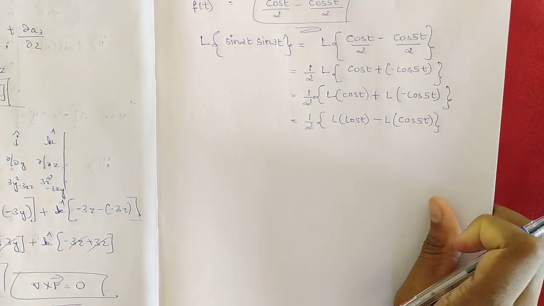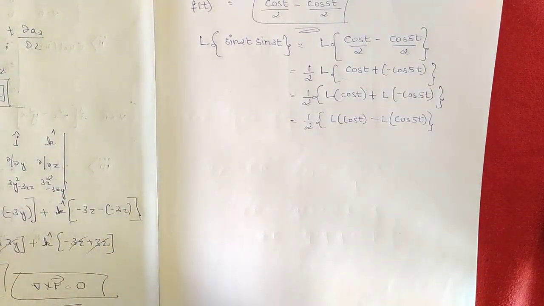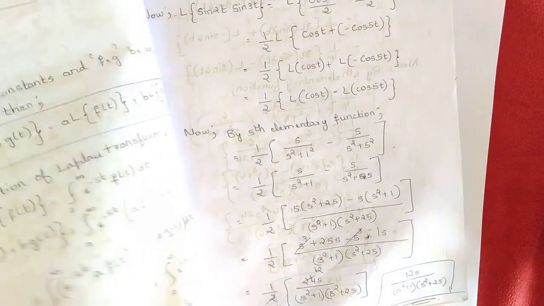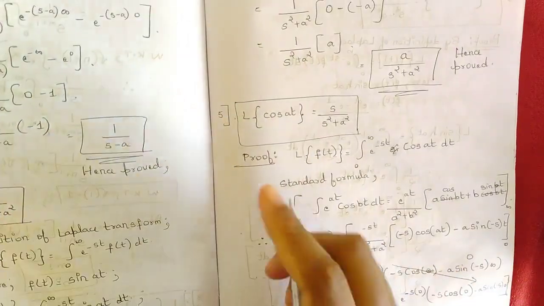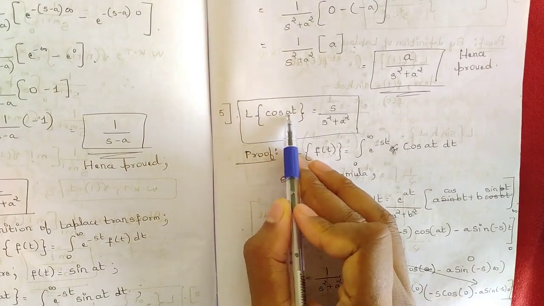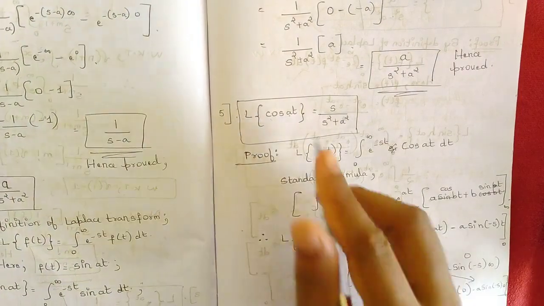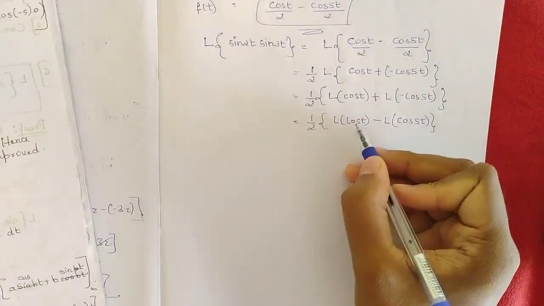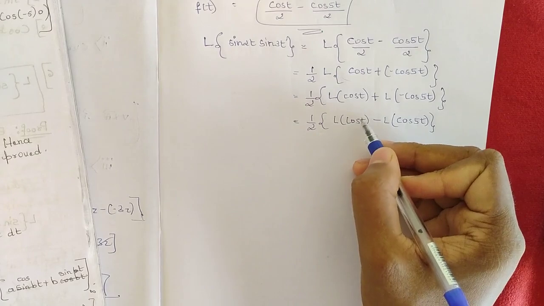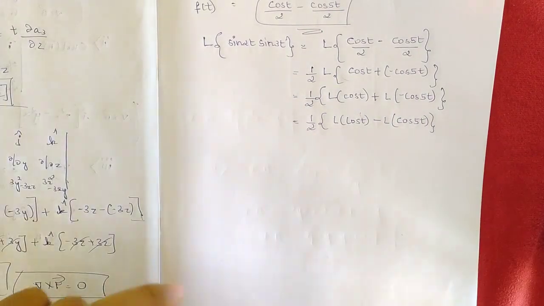Now, according to the fifth elementary function which we have discussed, the Laplace transform of cos at is equal to s divided by s square plus a square. In place of a we have 1 here, and here we have 5. According to that, let us substitute.